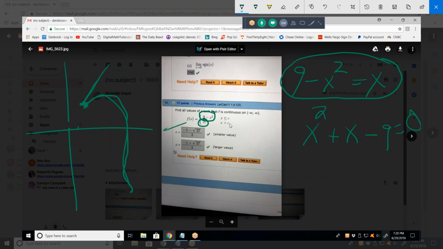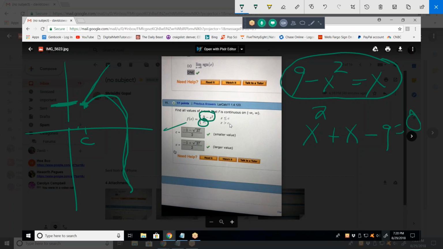But more importantly, like I said, the mathematical definition is that the limit at that point from the left is that, the limit from the right is that, and f of c is that. Those are the three things that have to be true for something to be continuous.